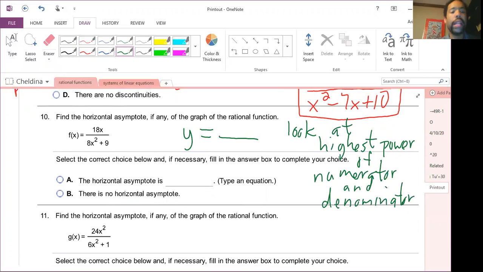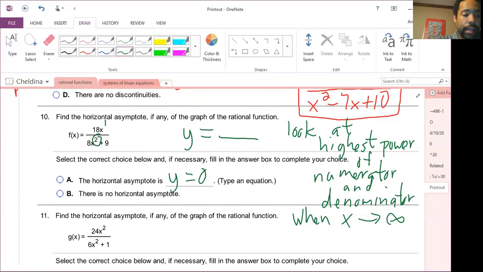And so an asymptote is what happens when x gets really, really large. So when x goes to infinity, if the highest power in the denominator is higher than the highest power in the numerator, then the horizontal asymptote is y equals 0.